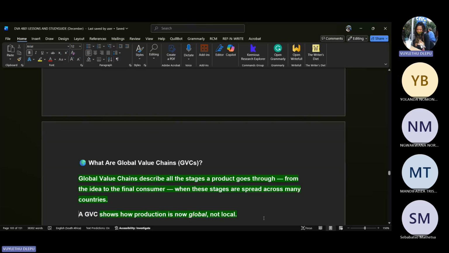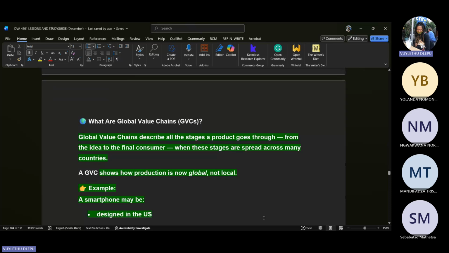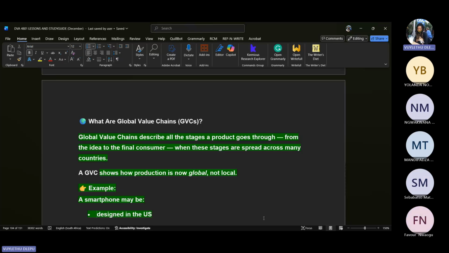Okay, so I'm just going to give a general overview of what global value chains are, of which I got a nice summary just to get us going. Global value chains describe all the stages a product goes through from the idea to the final consumer. When these stages are spread across many countries, a GVC shows how production is now global and not local.